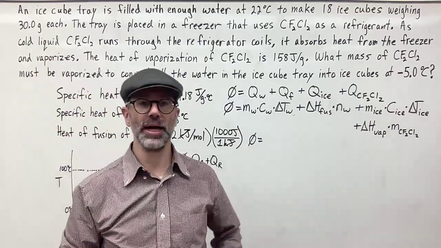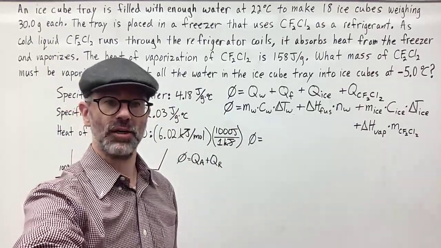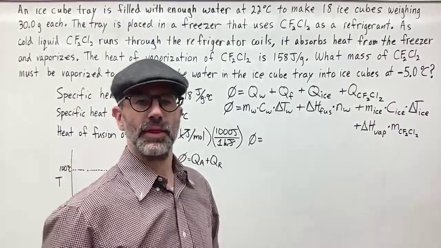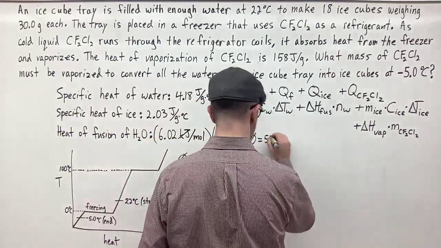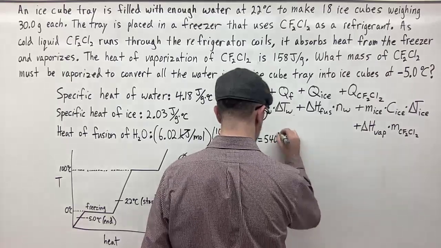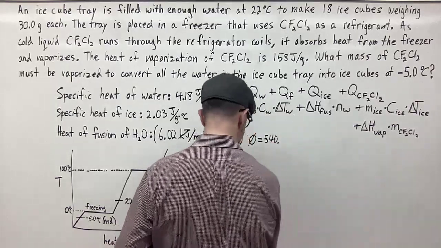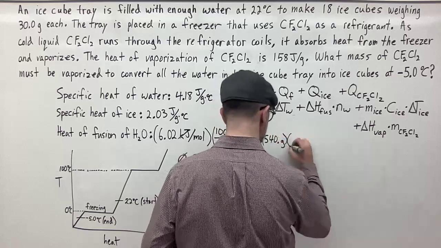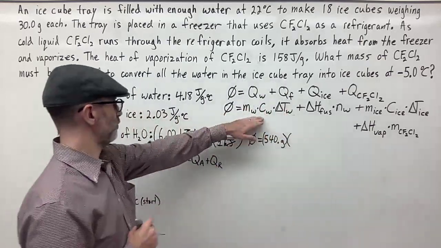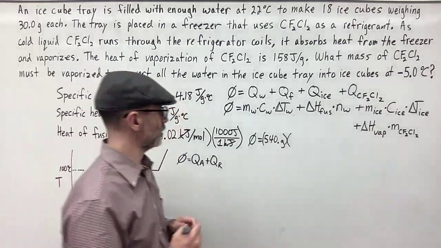So I need to multiply 30 times 18 to get the total mass of the water. And that's going to be 540 grams. So we'll put in 540 grams. Let's make sure we have the units, grams, multiplied by the specific heat of water, which is right here, specific heat of water, 4.18.